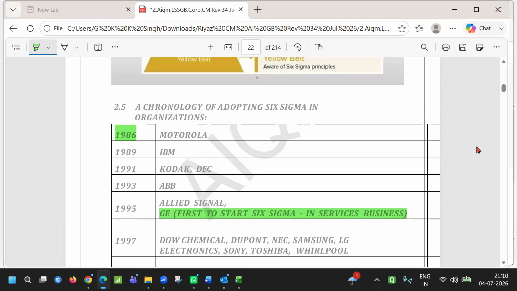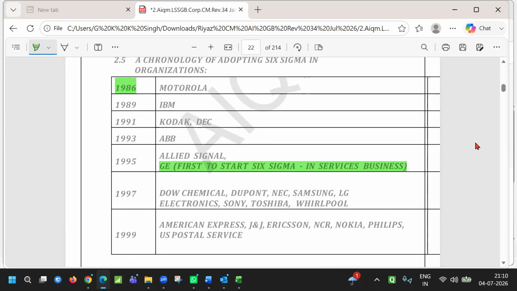But here you will also see two names who achieved Six Sigma performance, but at some stage they deteriorated, and today they are not as strong as they were at that time after Six Sigma. So can you recognize two names here which have deteriorated in the business after some years?